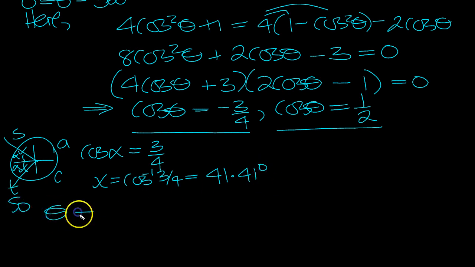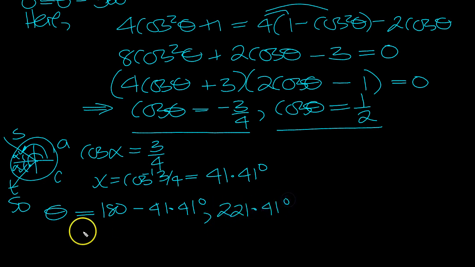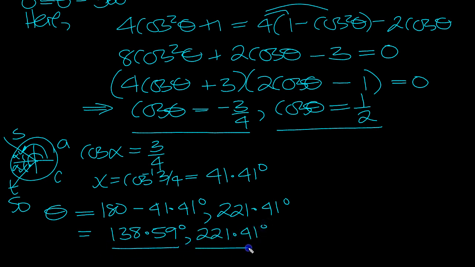So theta then will equal, first solution will be here, 180 back 41.41 degrees, or the next solution will be around 180 plus the 41, which is 221.41, isn't it, degrees. So that's 138.59, or the 221.41 degrees. So those are the two solutions there.